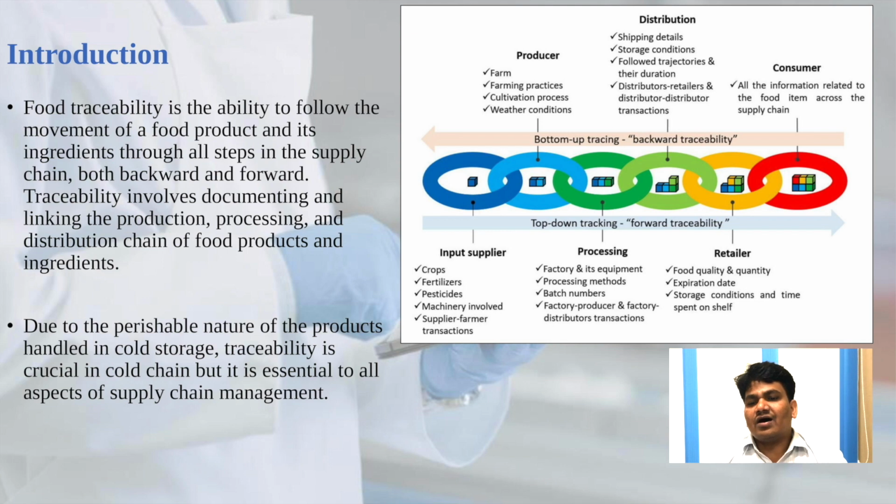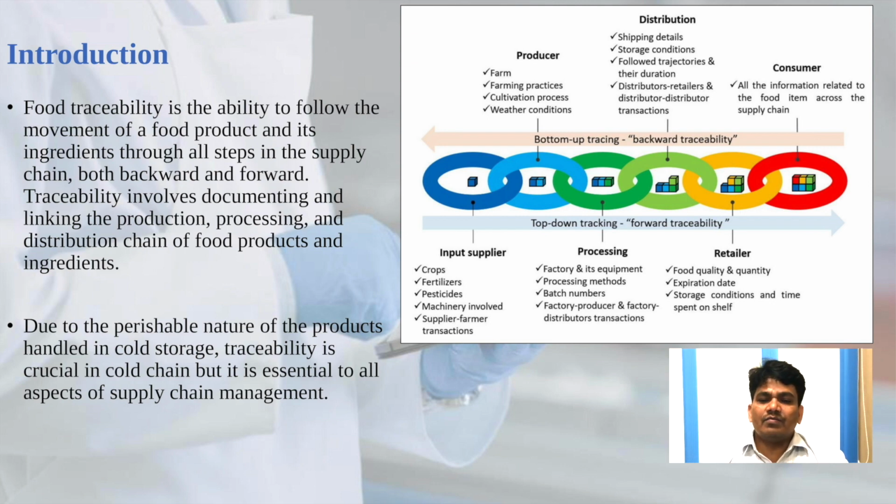Okay, so now the retailer, where the food quality, quantity, expiry date, storage conditions and the time spent on shelf life, and lastly, definitely all the information related to the food item across the supply chain.